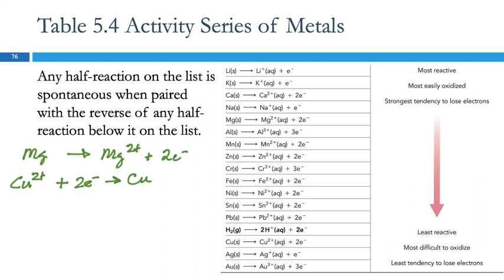So the way we use this activity series is we're going to look at these guys. Now, maybe what we had here was maybe copper oxide. Well, it's probably not. Let's not do that. Let's do copper chloride. I think that's soluble.